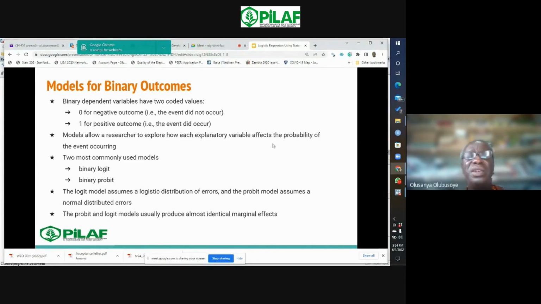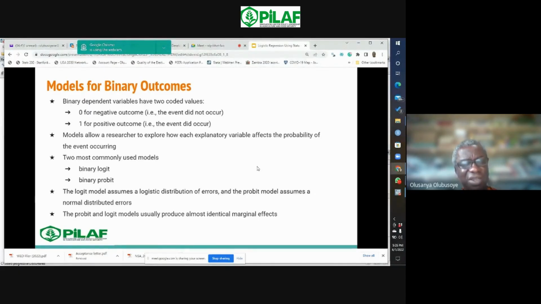The binary models allow a researcher to explore how each independent or explanatory variable affects the probability of the event occurring.